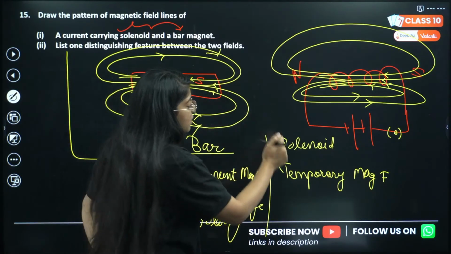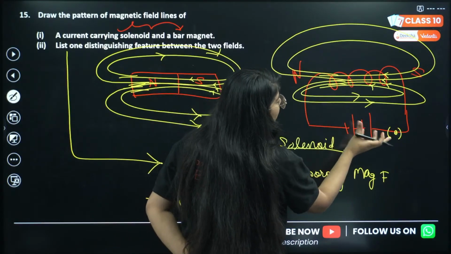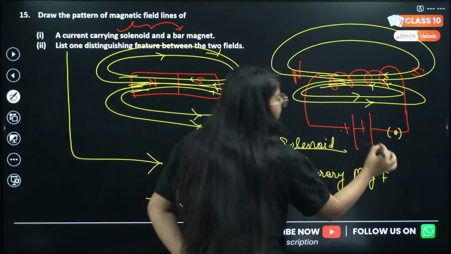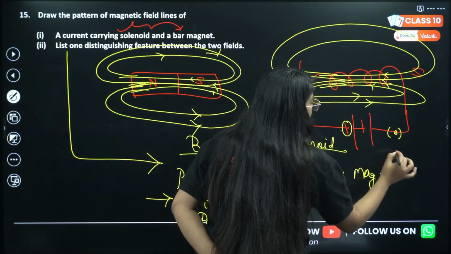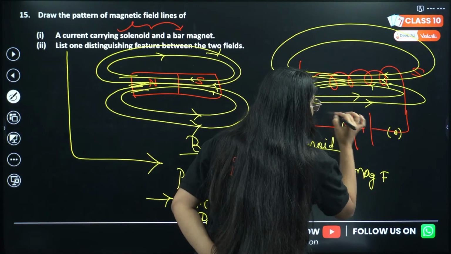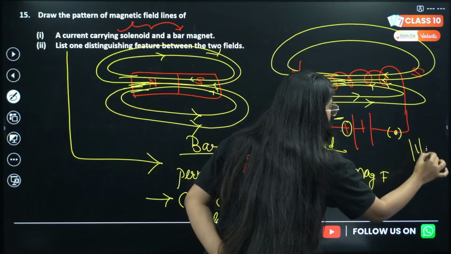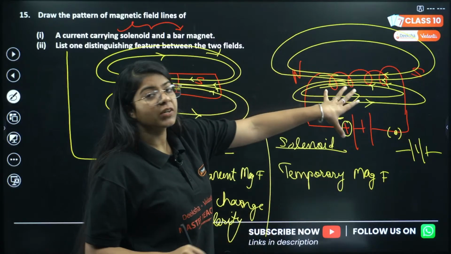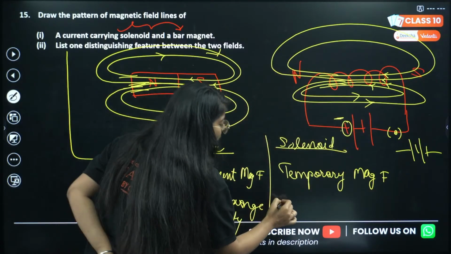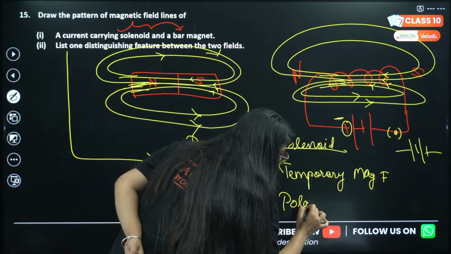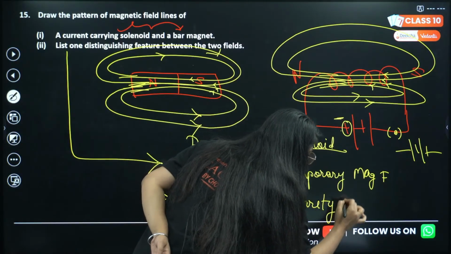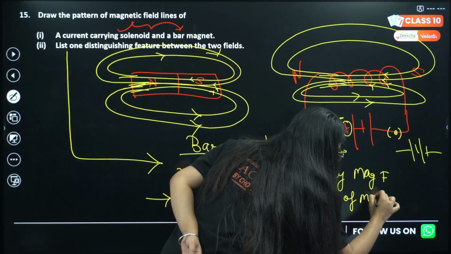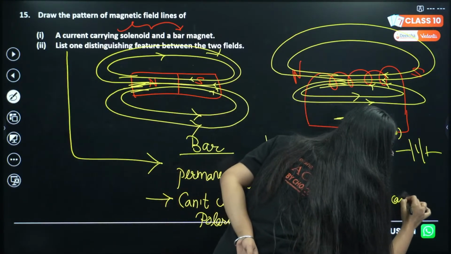But in case of solenoid, if I switch the terminals of the battery, now if in this side this is negative, if I put positive in this side, something like this, the direction of current will change and the polarity of magnetic field will change around the solenoid. Polarity of magnetic field can change.